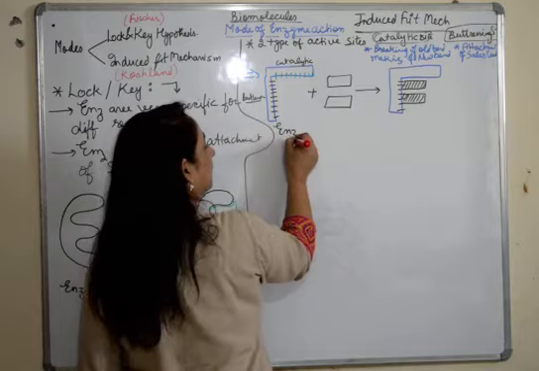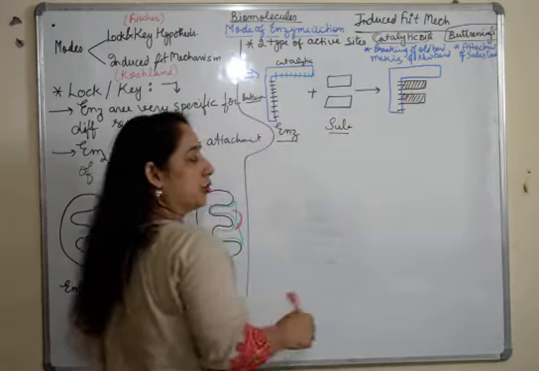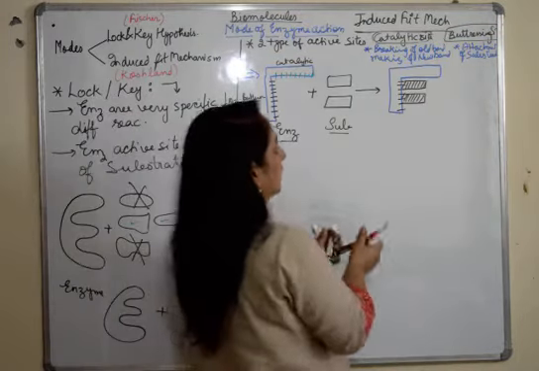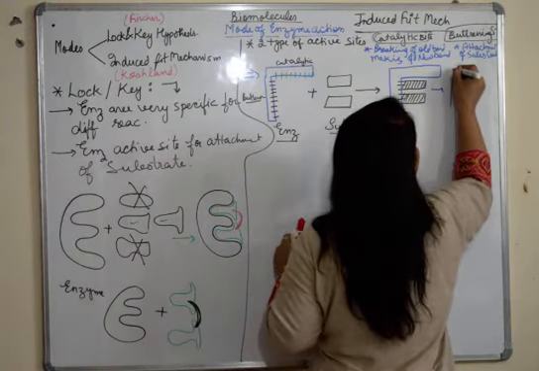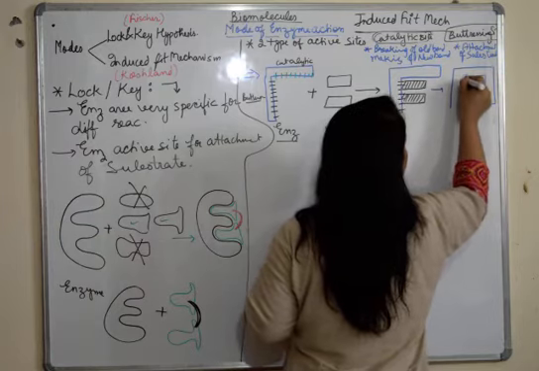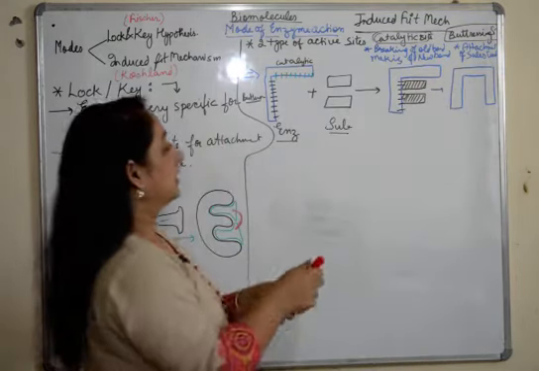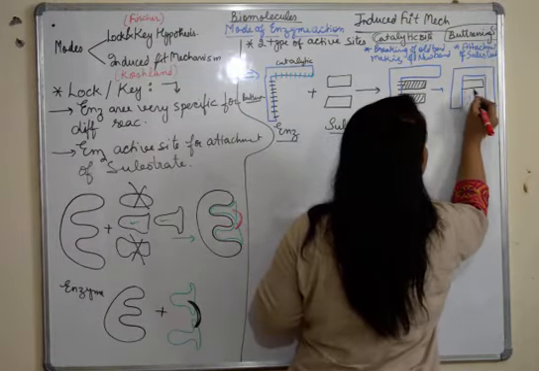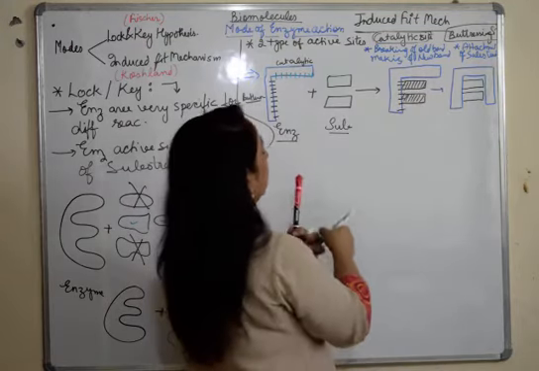This is enzyme, this is substrate. Here the enzyme has attached to the substrate, and now as soon as the substrate attaches to the enzyme, the enzyme changes shape. The catalytic site is going to move towards the substrate. That means now the substrate is in close vicinity to the catalytic site also.